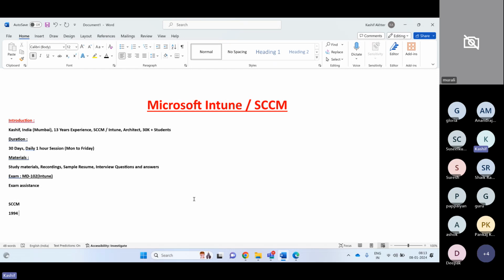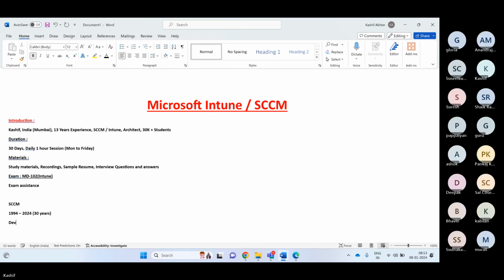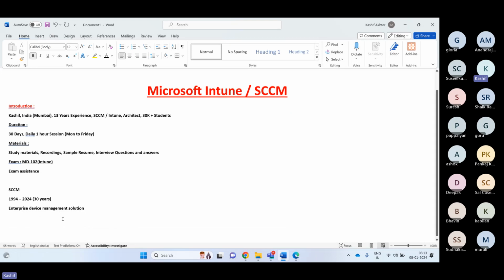We are in 2024 now, so it is almost 30 years that SCCM has been in the market. It's an enterprise device management solution. You can manage devices like Windows 10 devices, Windows 11 devices, Windows Server devices from SCCM.